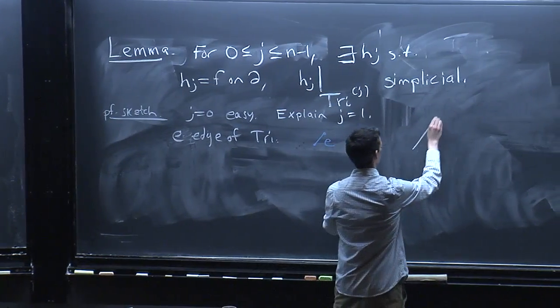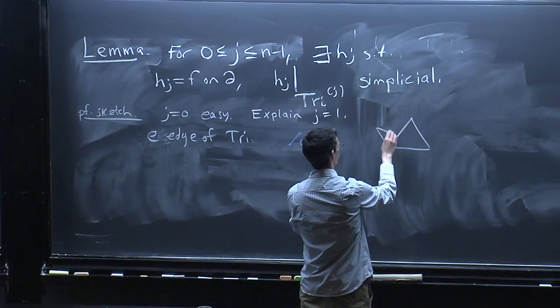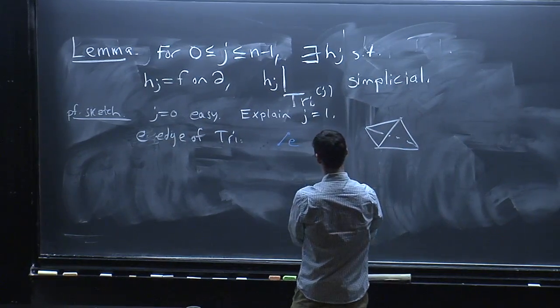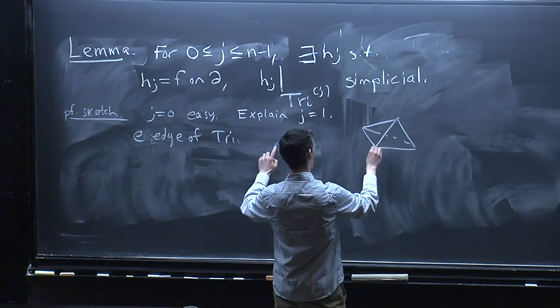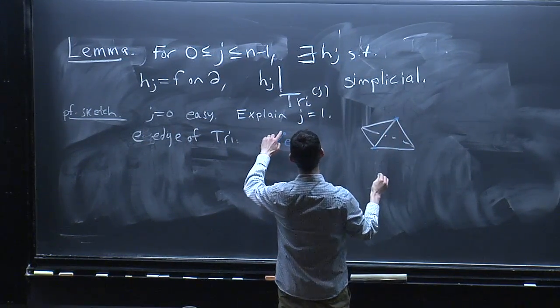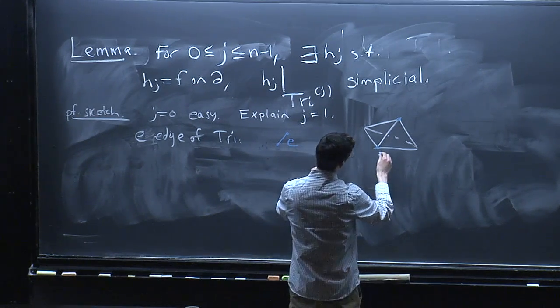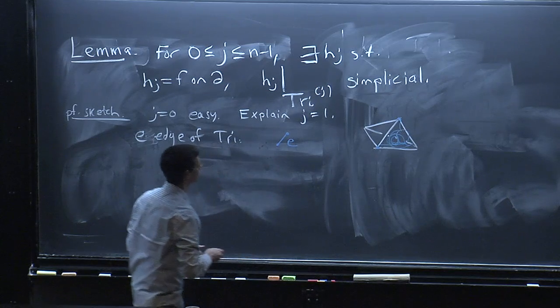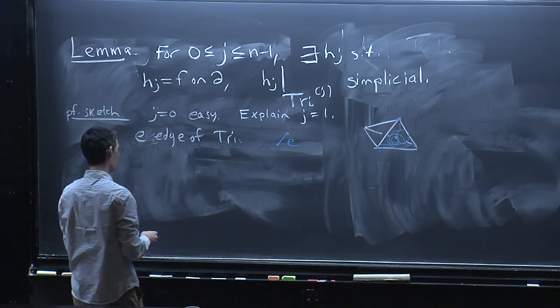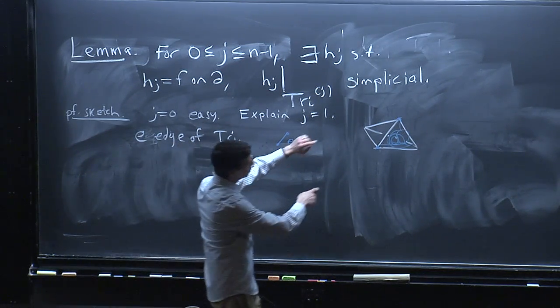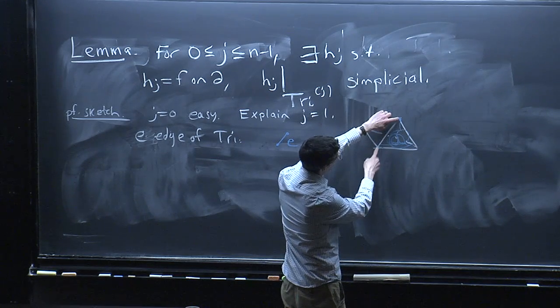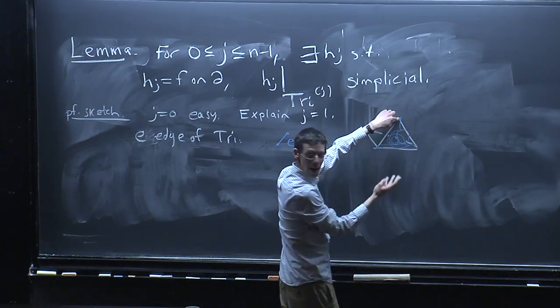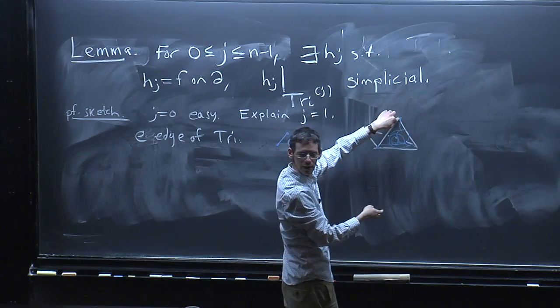And let's think about what happened to E under the map H0. So H0 did successfully map the vertices of this edge to some vertices, and the edge itself, it did something crazy with. But any two paths from here to here are homotopic on the sphere. Let's imagine n is bigger than 1, an interesting case.